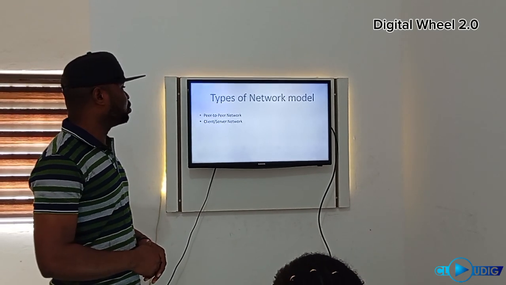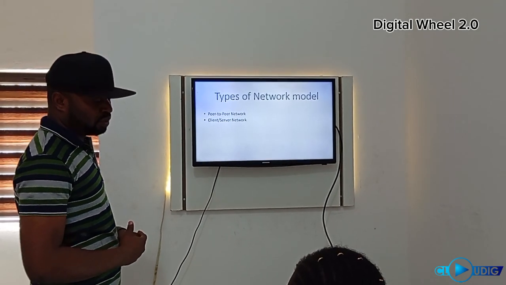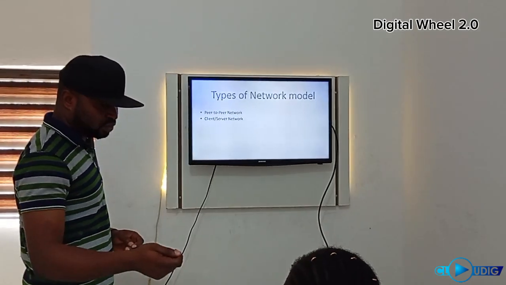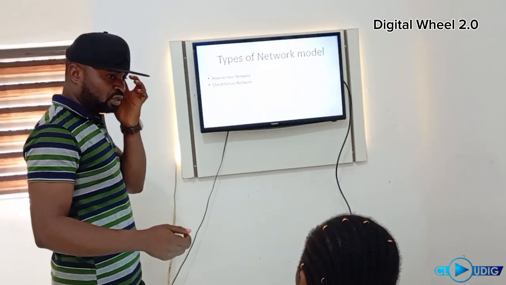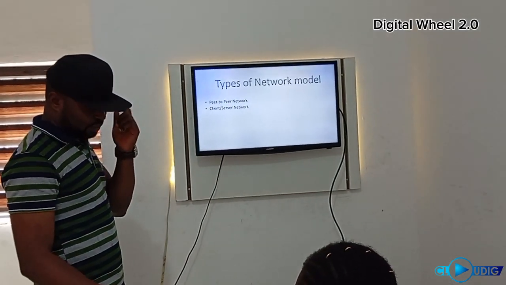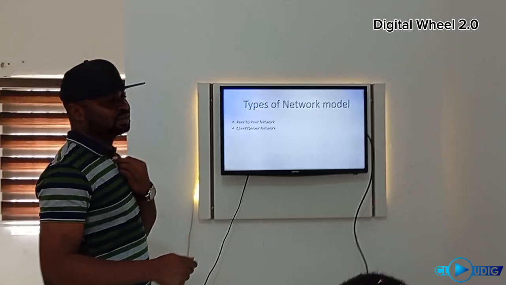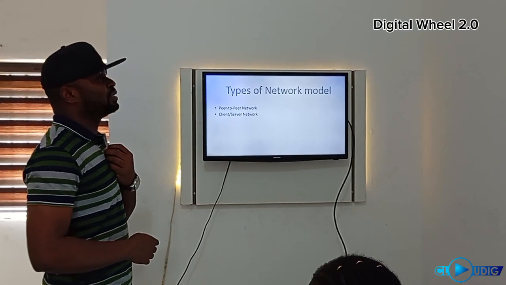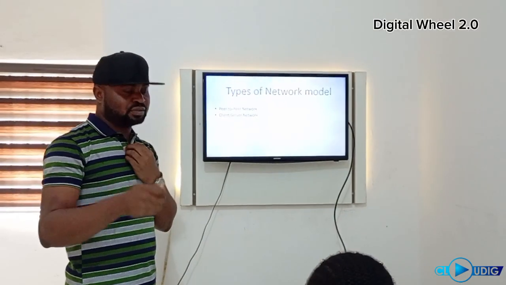So, types of network model. We have the peer-to-peer network model. If I try to send a file to you via Bluetooth, or via a very old technology that we've forgotten about, infrared, infrared is a very good example of a personal area network.